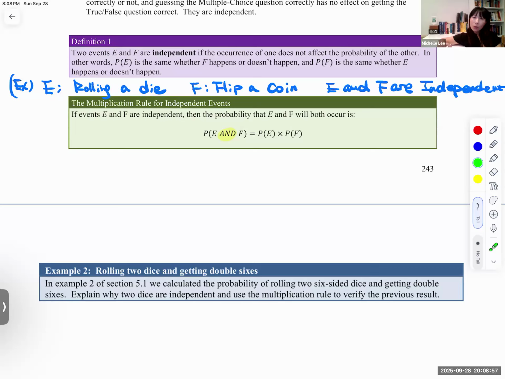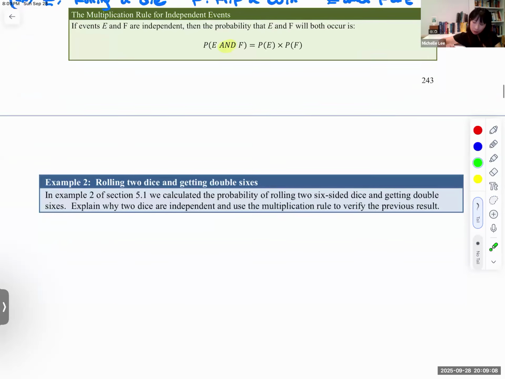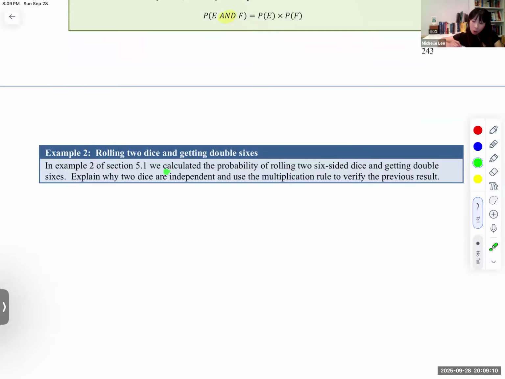If they ask us what is "and," then we just multiply their probabilities. Make sense? Okay, so let us do this one. What is the probability of rolling two six-sided dice and getting double sixes, right?